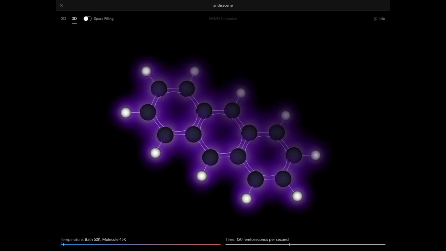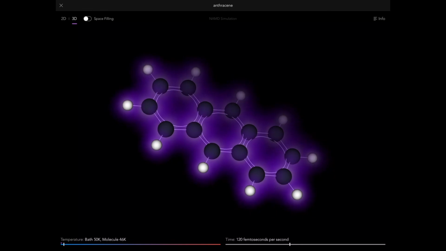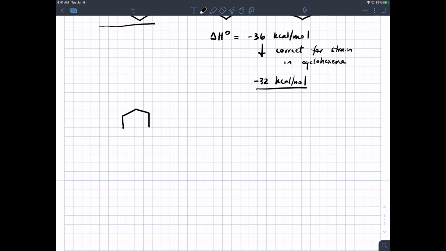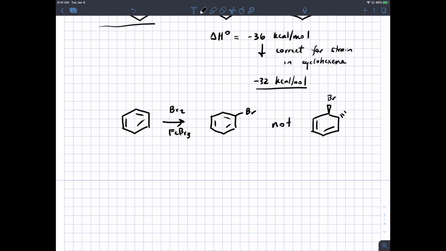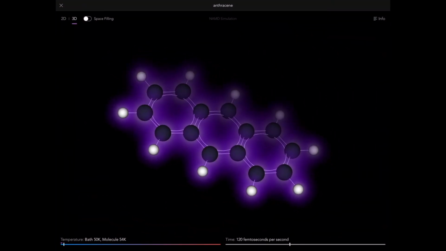If you expose those to electrophiles in general, they don't do addition chemistry. I'm going to briefly remind you that when you expose benzene to bromine, nothing happens until you add a Lewis acid, and then you get substitution chemistry. We do not get addition chemistry like you would get for an alkene, right? So that's true for benzene, naphthalene, and anthracene.